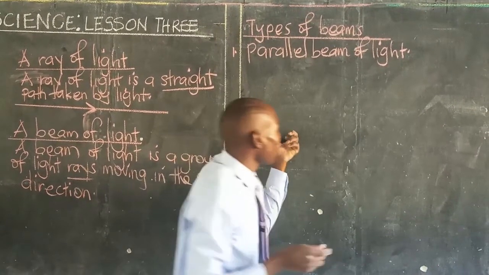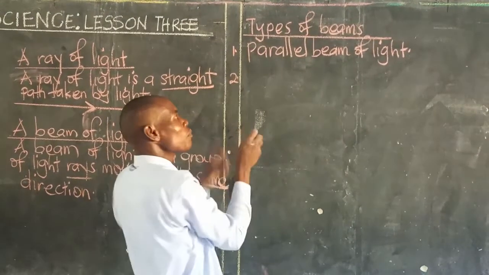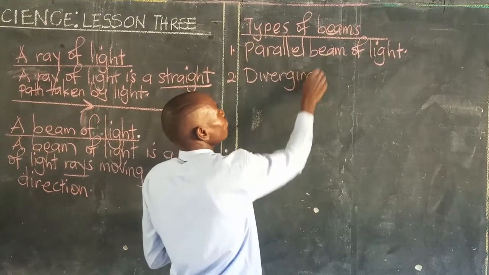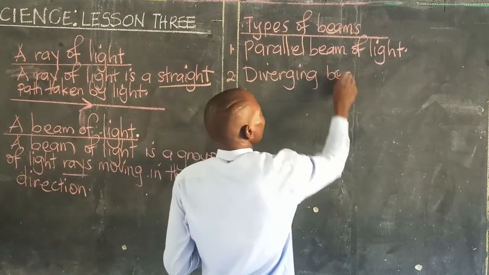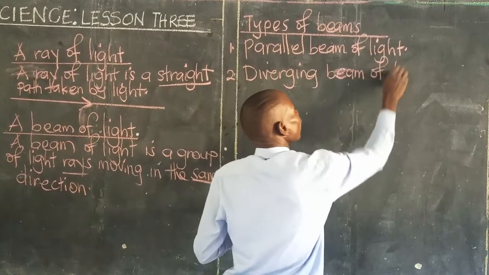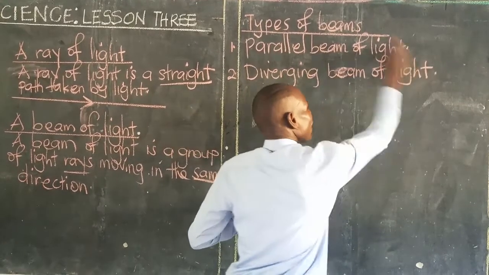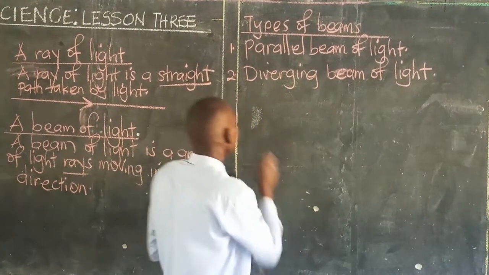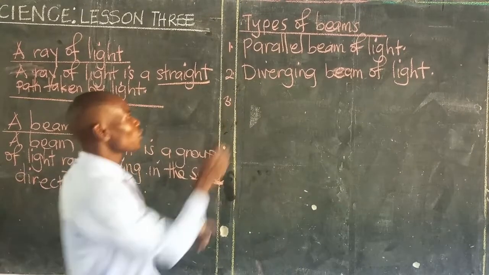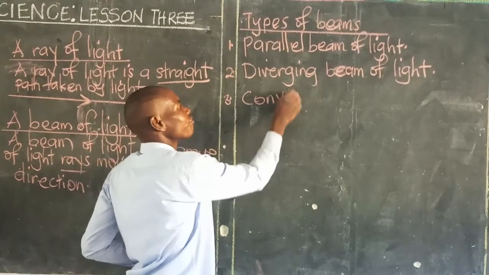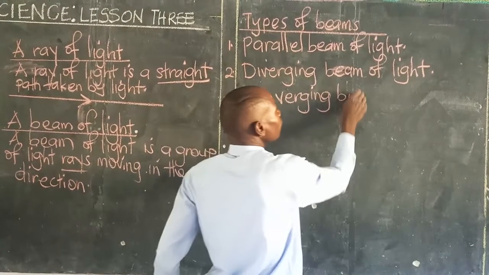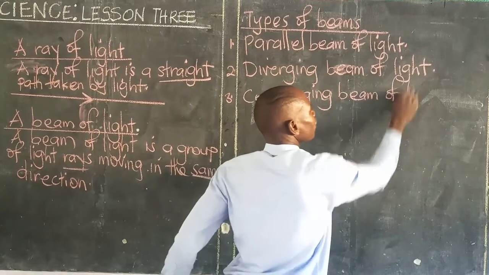Parallel beam of light. And then we also have another type of beam that we call a diverging beam of light. And finally, we have got another type of beam that we call a converging beam of light.